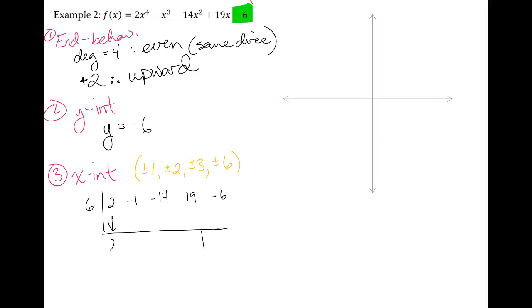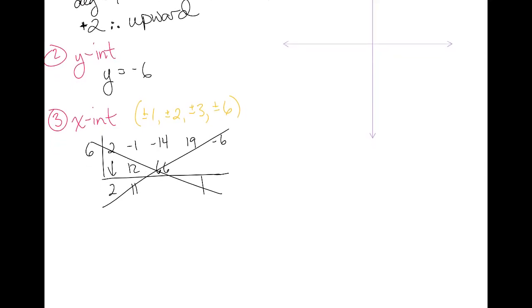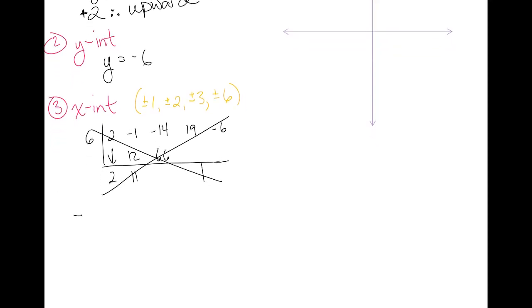Carry the first one down, 12, 11, 66. This is not looking good already. It does not look like it's going to get to 0 any time soon. So I'm going to try maybe -6. 6s seem like they'll just leave me in bad places. The numbers seem like they're getting too big.